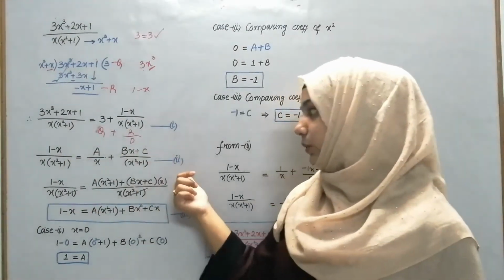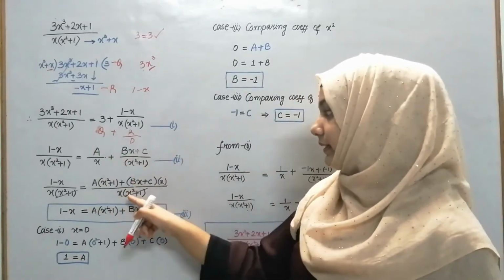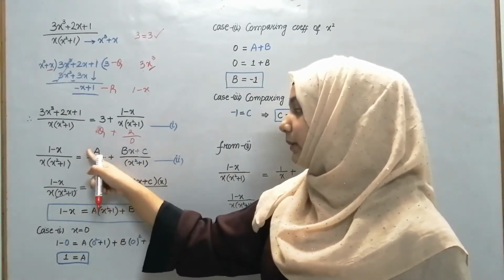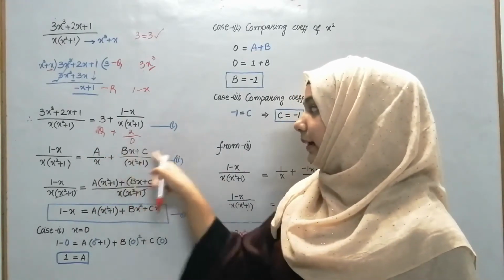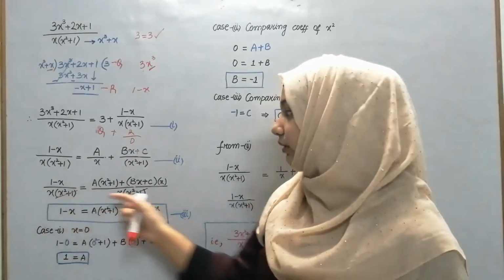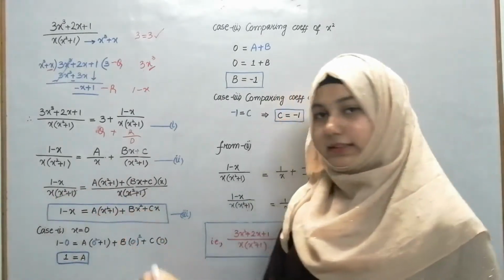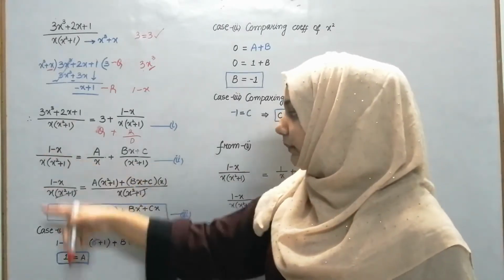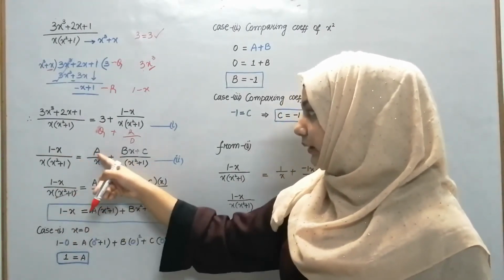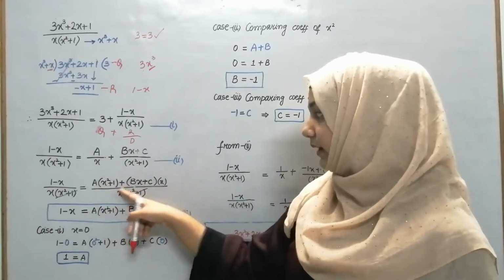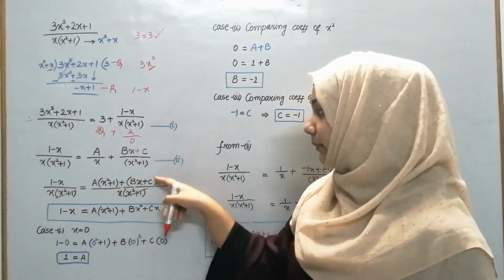Now let this be my equation 2. Now taking LCM will be x into x square plus 1. Now cross multiplying, A will be multiplied with x square plus 1 and bx plus c will be multiplied with x. Now I have both the denominators common, so I am going to cancel this out. Okay, now what I am left with, 1 minus x is equal to a into x square plus 1 as it is, plus this bx plus c.